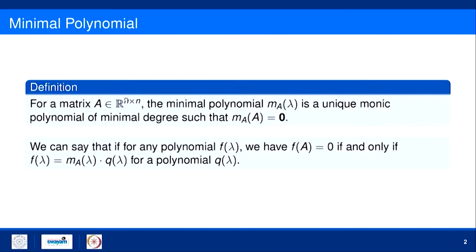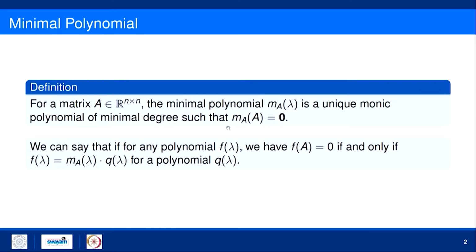However, if you have an n by n matrix, then the degree of the characteristic polynomial is n, whereas the minimal polynomial has degree n or less than n.